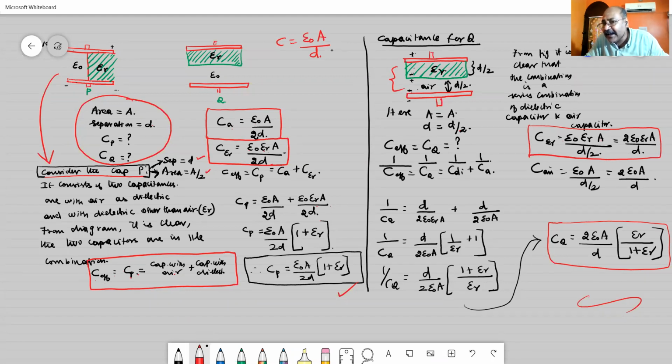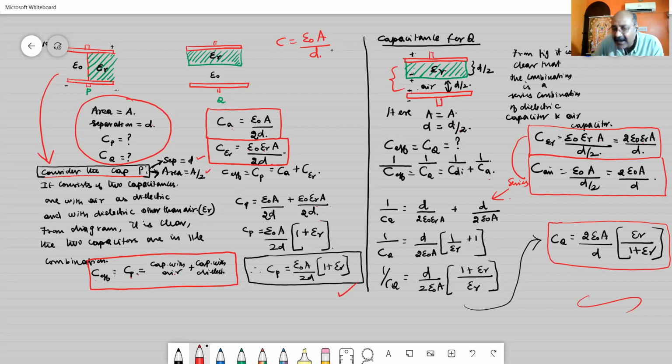Taking 2 to the numerator, I can write 2 epsilon 0 epsilon R A by D. Similarly, for air medium, C of air equals epsilon 0 into A by D by 2, which is 2 epsilon 0 A by D. Since both of these capacitors are in series, the effective capacitance is 1 by C effective equals 1 by C of dielectric plus 1 by C of air.